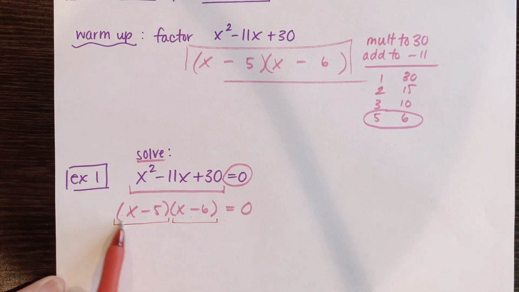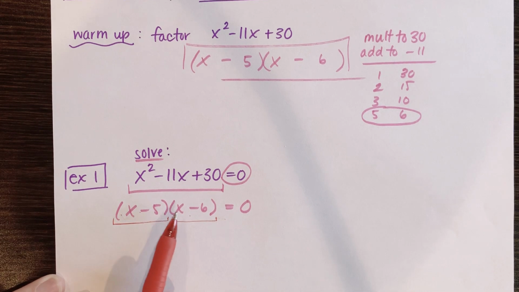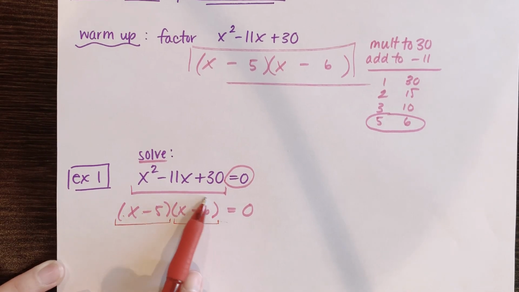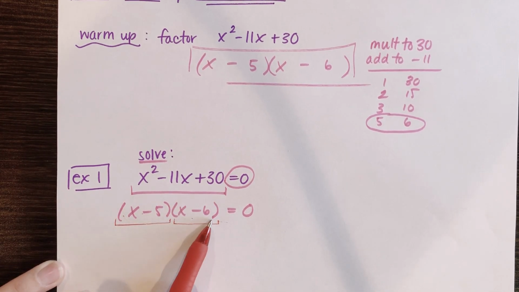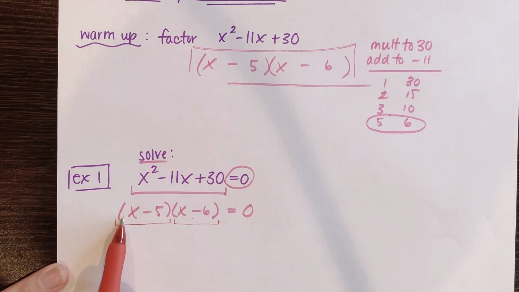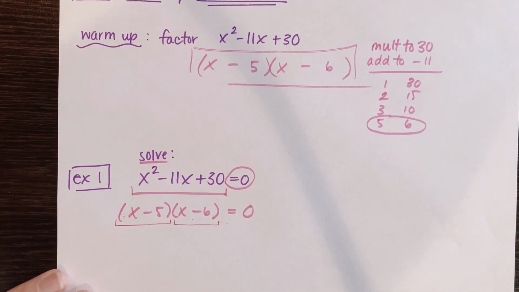So either this set of parentheses is a 0 once I plug in x, which means I get 0 times, I don't care, 0 times anything is 0. Maybe this set of parentheses is going to result in a 0 once I plug in a certain number for x. And then I'd have something, I don't care what, times 0, and that would equal 0.